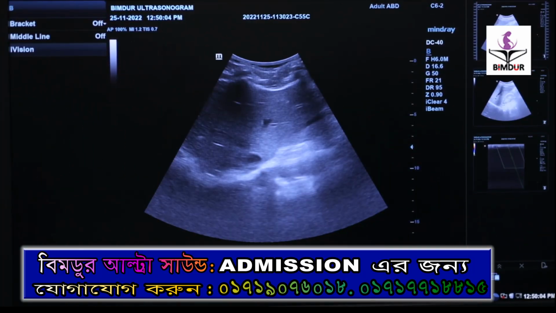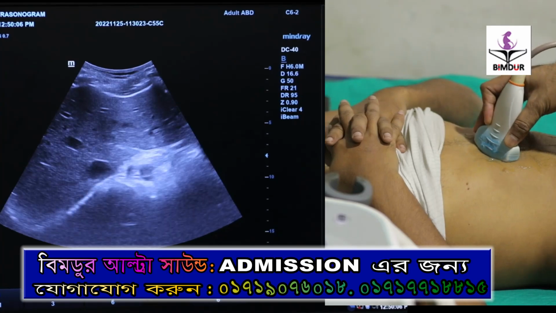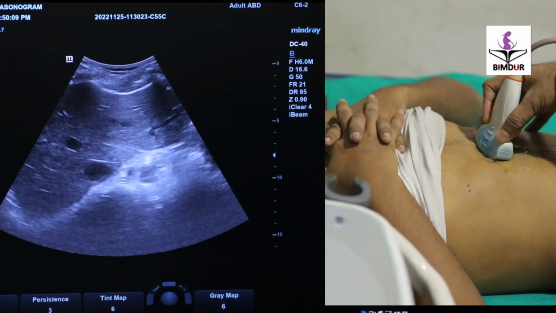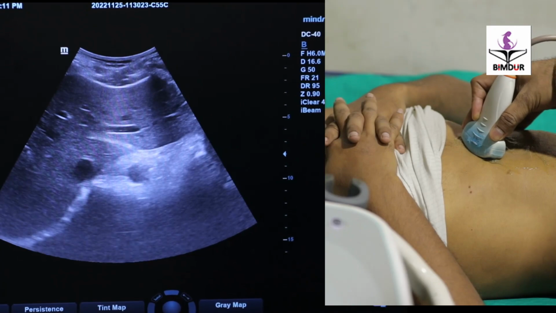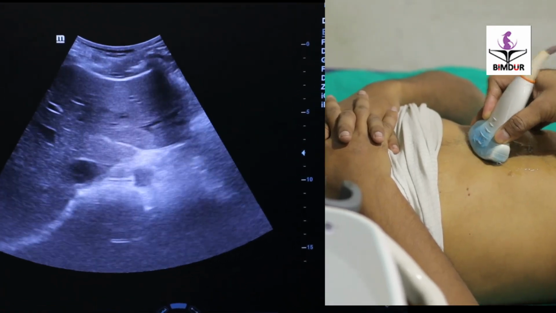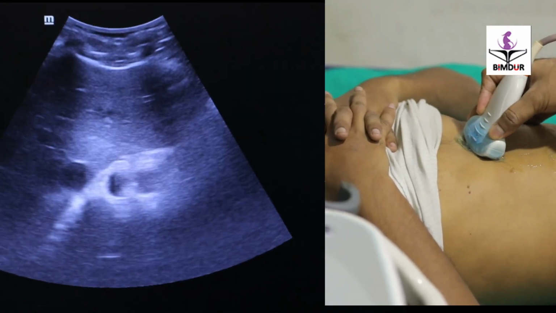We see the pancreas. When we see the pancreas, the probe direction is transverse, at the mid clavicular line, in the epigastrium region.